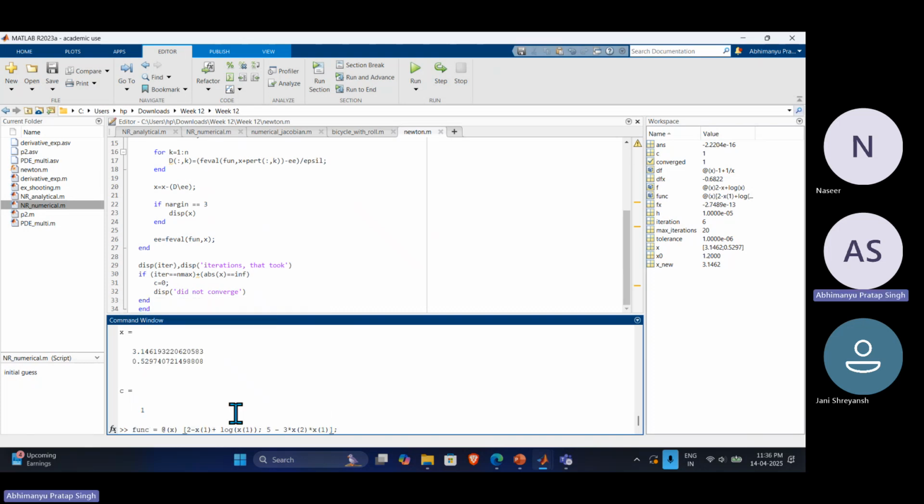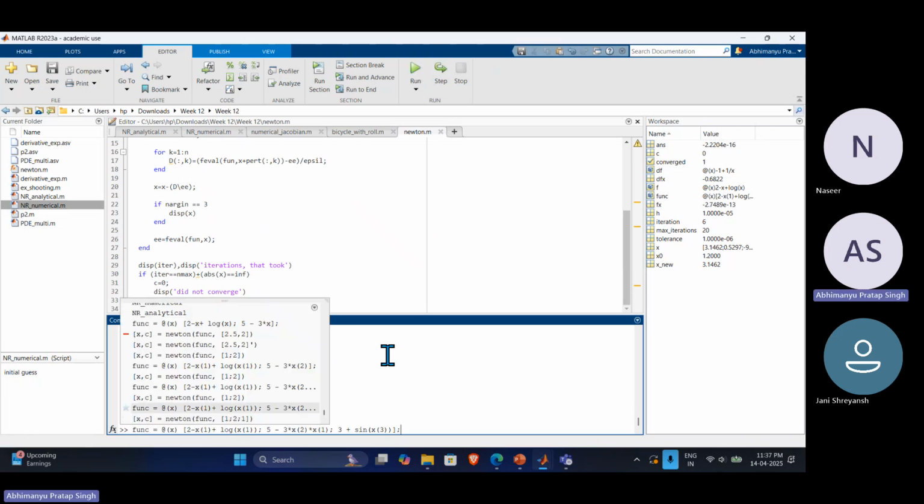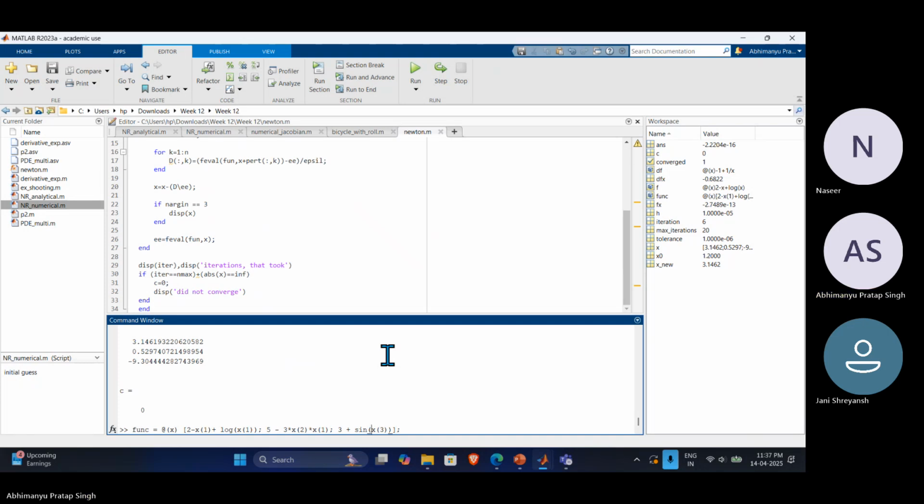We can add n number of variables in here. We just need to... so now it's not converging, probably because of the sign.